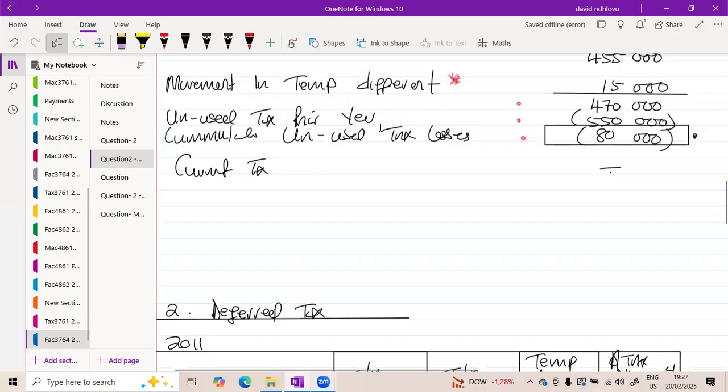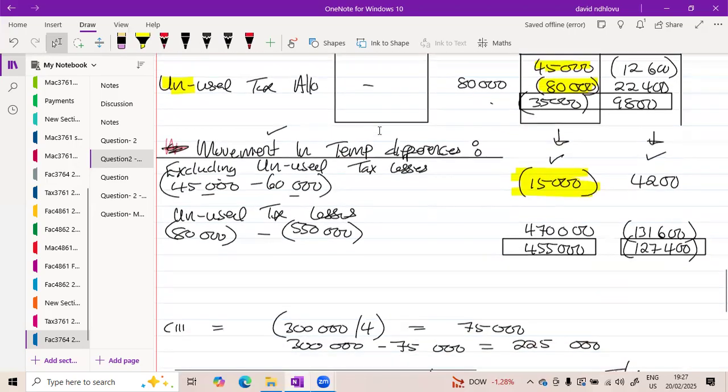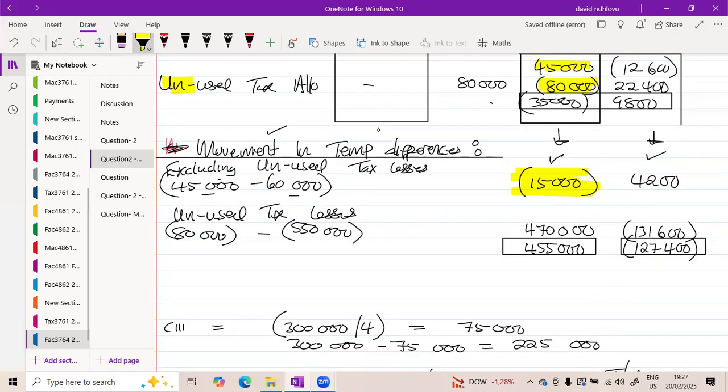Right? For the movement in temporary difference, you want this value now. This time now, when we go to the expense, we are looking at the movement in deferred tax. So you take this value here. So that's your movement in deferred tax, right? Based on what? On temporary difference, excluding unused tax losses.